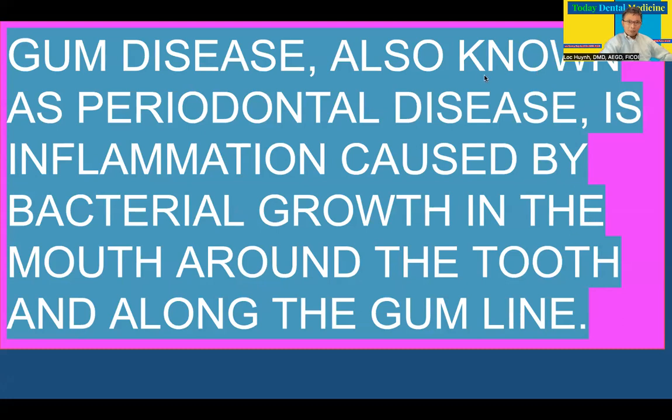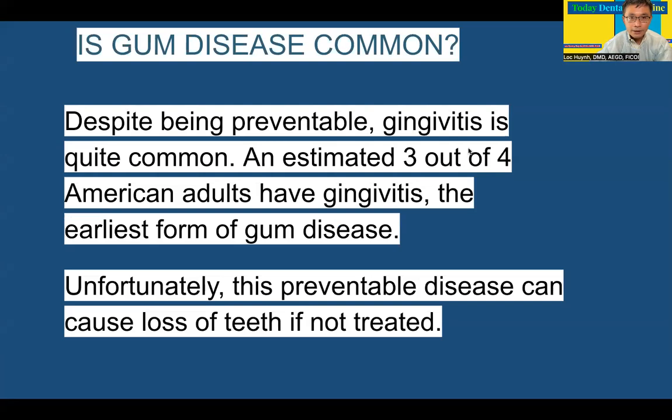It's basically the inflammation caused by bacteria growing in the mouth around the tooth along the gum line. What it actually means is that when the bacteria produce toxicity around the gum, it will eventually destroy your bone.